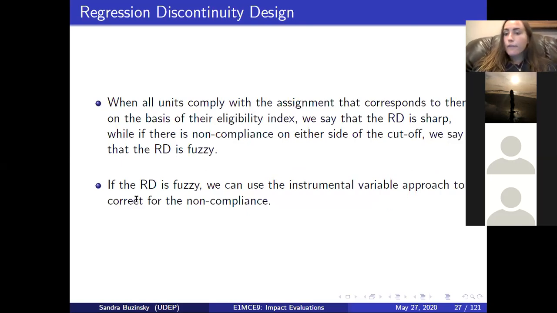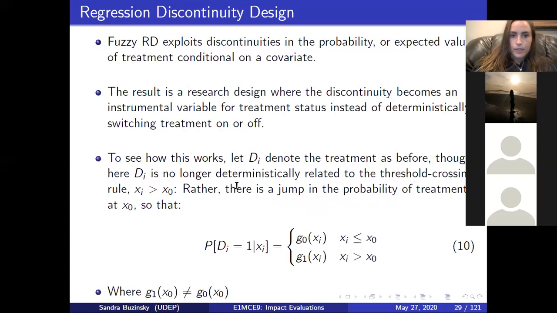So when we have a fuzzy RD, we want to use the instrumental variable approach to correct for the non-compliance. We're going to exploit the discontinuity in the probability or expected value of treatment conditional on a covariate. The covariate will be the running variable, for example, the poverty score.